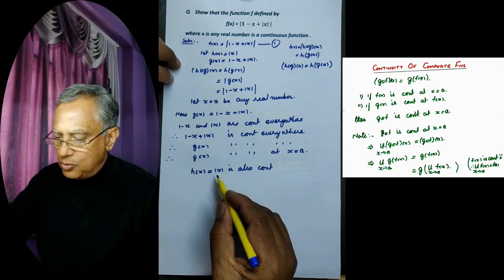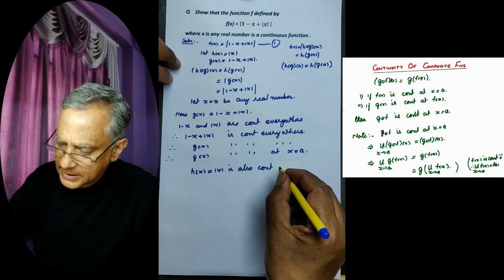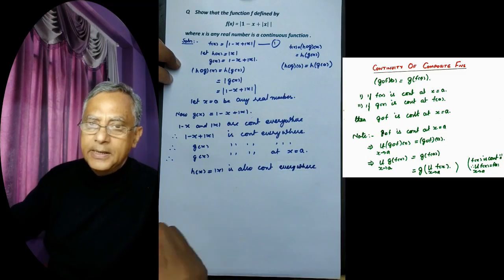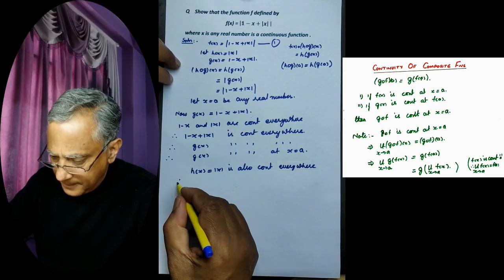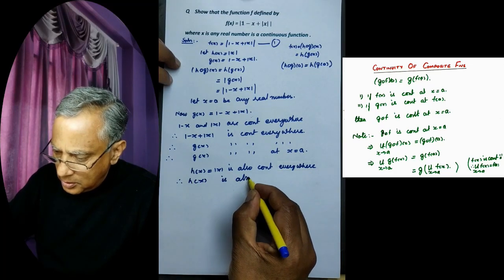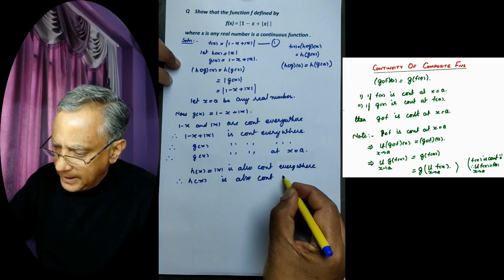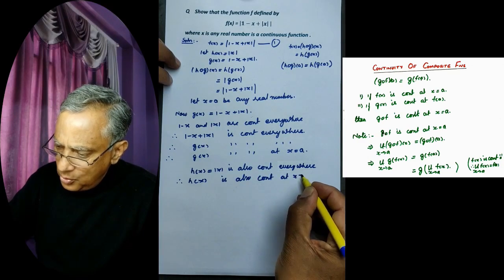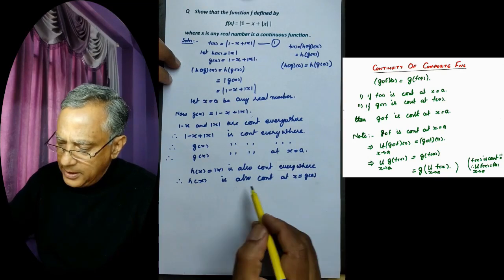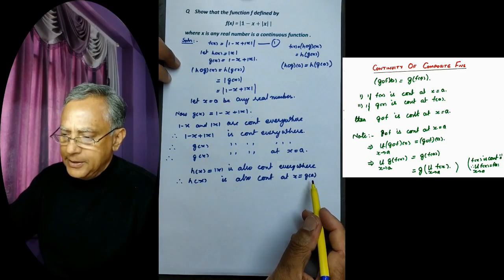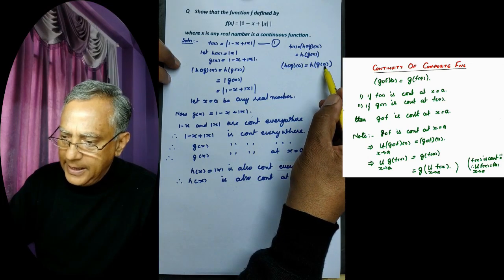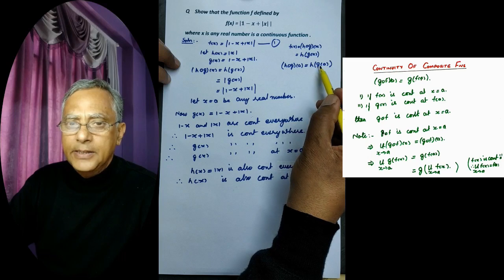Now hx is equal to mod x is also continuous everywhere. This function is continuous everywhere. Therefore h of x is also continuous at x equal to g a. So we have proved that g is continuous at a and h is continuous at g a.